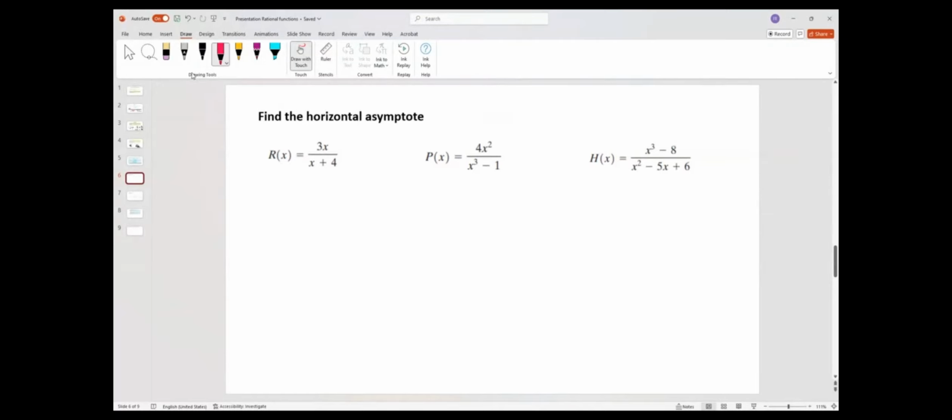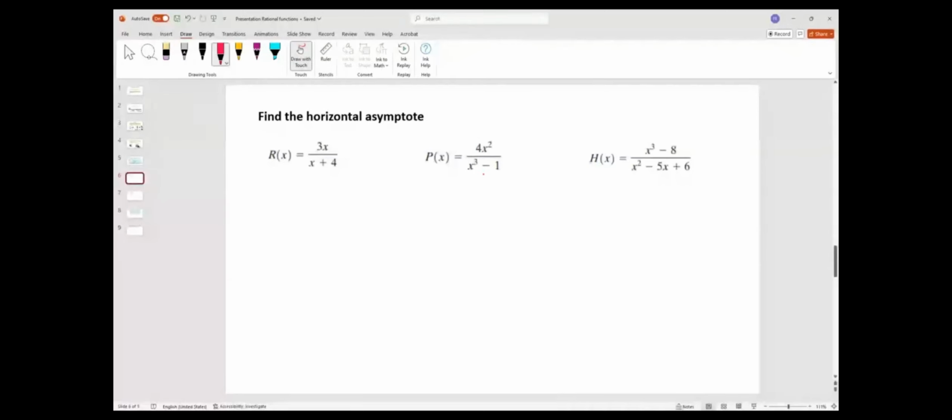these three functions. In my first function, f of x is equal to 3x over x. When you look at the degree of the first function, the numerator has degree 1, the denominator has degree 1. So the degree of the numerator is equal to the degree of the denominator.